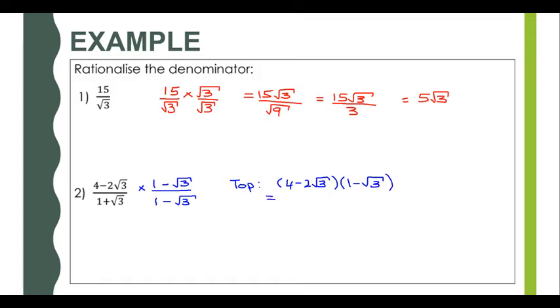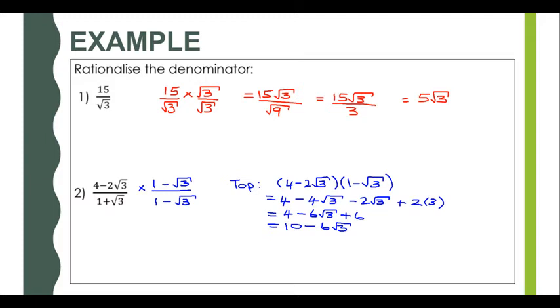If we expand this, we get 4 minus 4 root 3 minus 2 root 3 plus 2 root 3 times root 3, which is 2 times 3. We can simplify that to get 4 minus 6 root 3 plus 6, which gives us 10 minus 6 root 3.